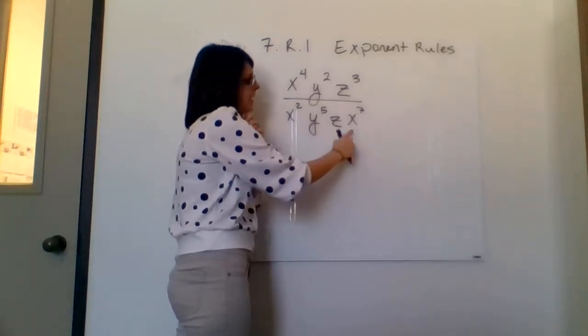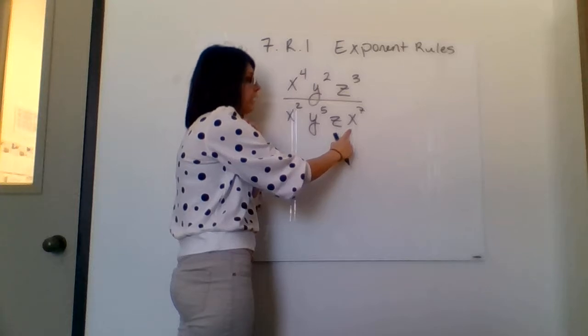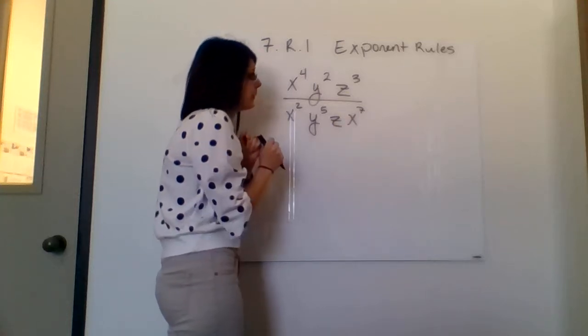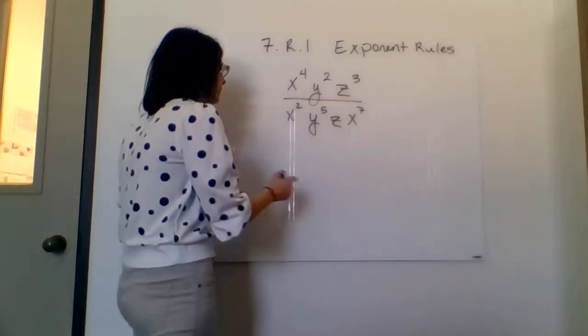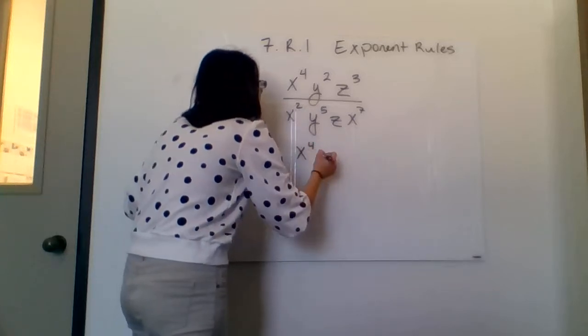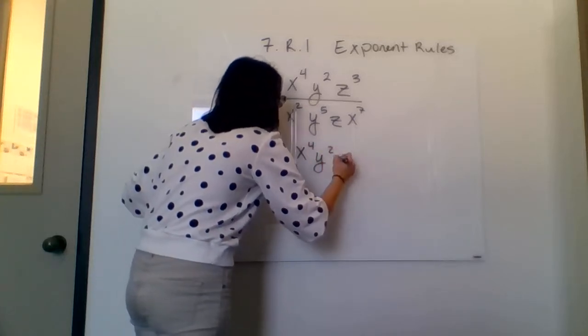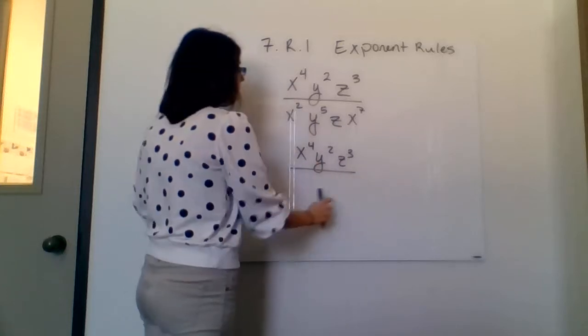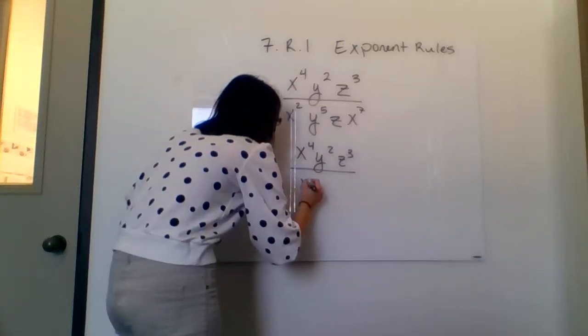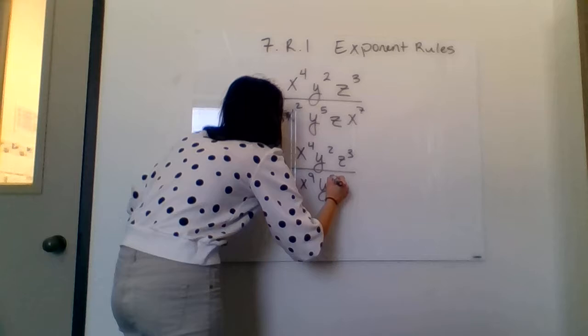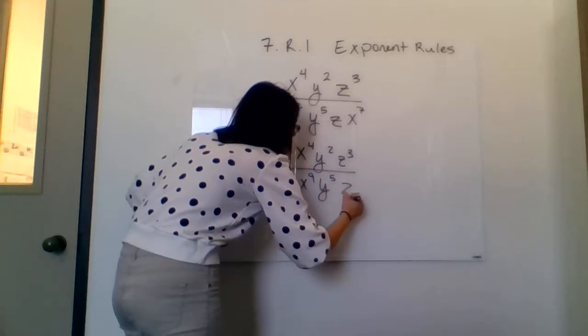I have x squared times x to the seventh, which I can combine by adding the exponents together. So the numerator stays the same, x to the fourth, y squared, z cubed, over, combining my x's, I have x to the ninth, y to the fifth, and z.